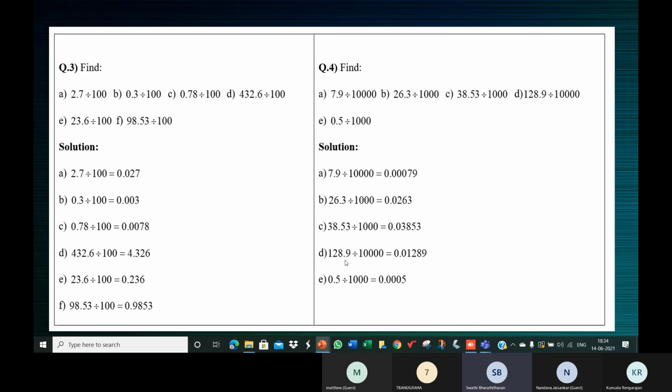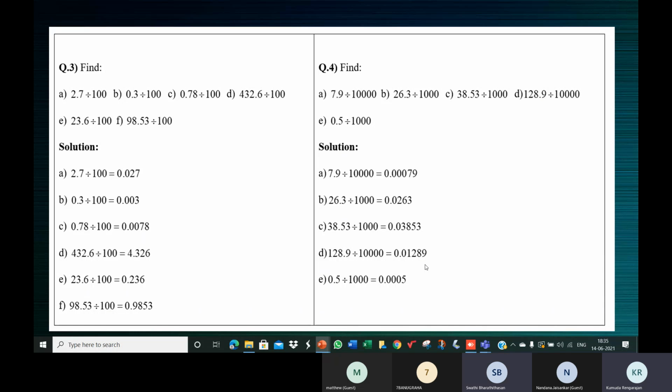There is only one decimal place, and in 10,000 there are 4 zeros. So 4 plus 1 is equal to 5. So we have to move 5 decimal places. We have one decimal place in 128.9, and in this number we have 4 zeros. So 1 plus 4 is 5. So the answer should have 5 decimal places.